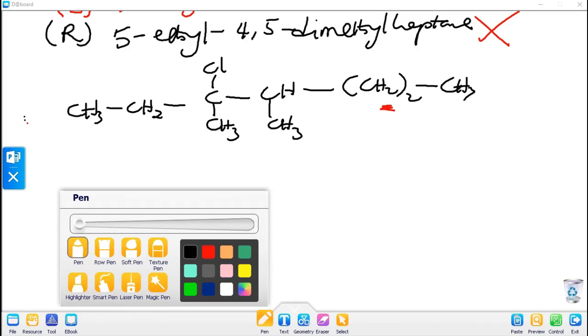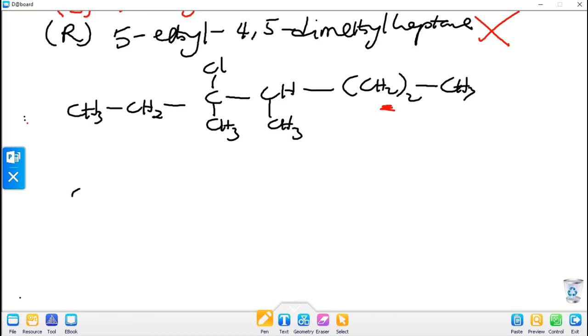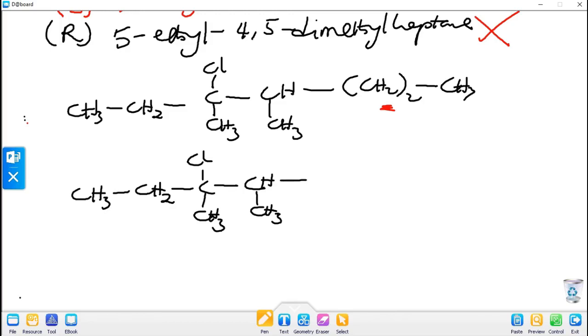So what this simply means is CH3, CH2, C, CH3, chlorine up there, CH, CH3, CH2, and another CH2 because there are 2 in bracket, and then CH3. So this is what it is.